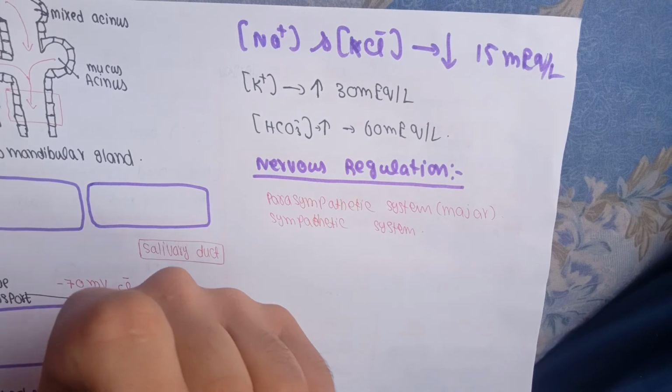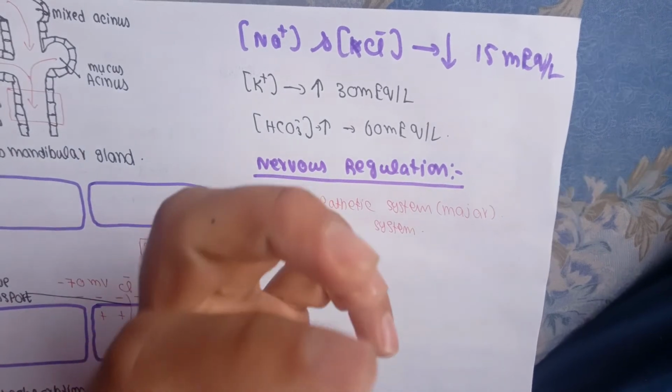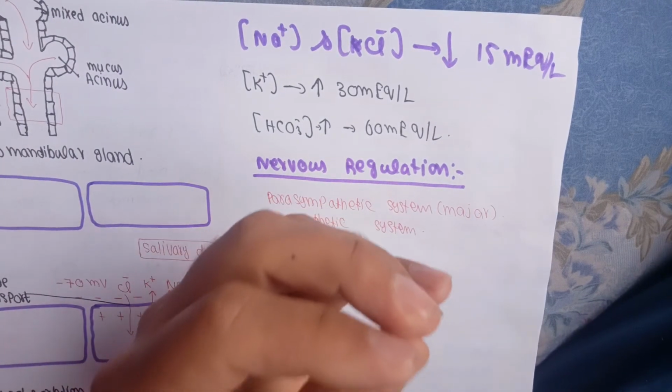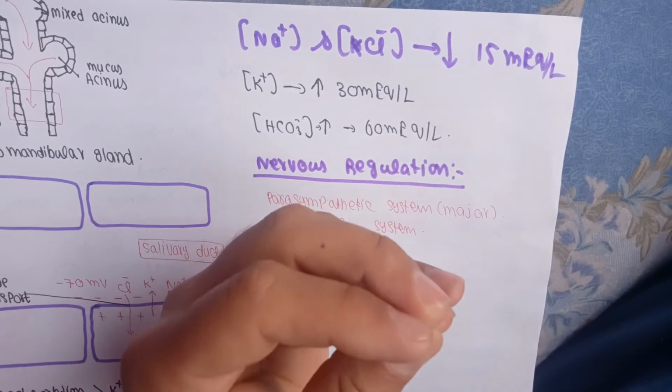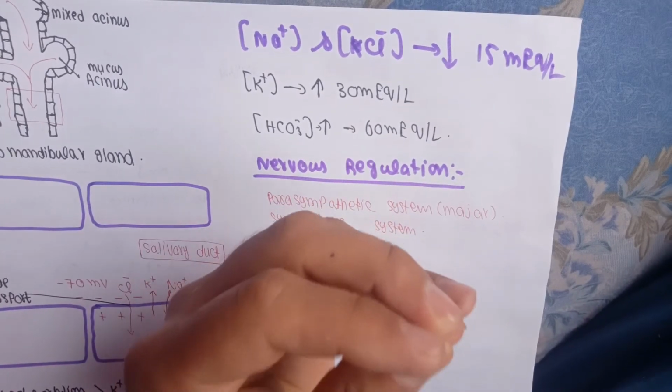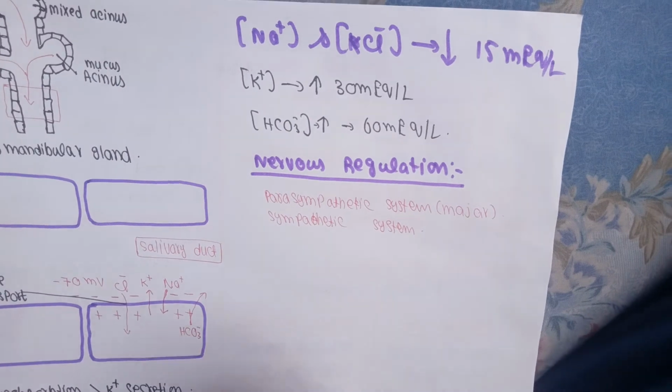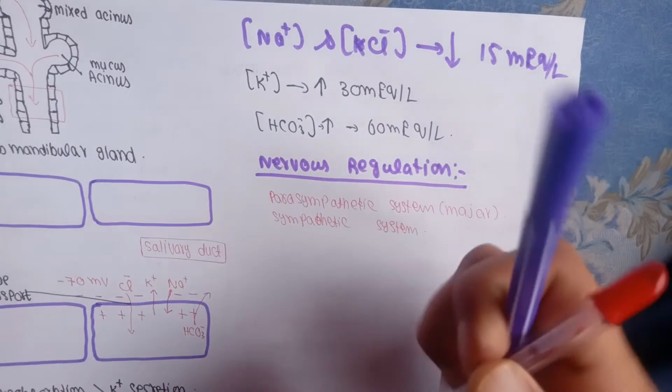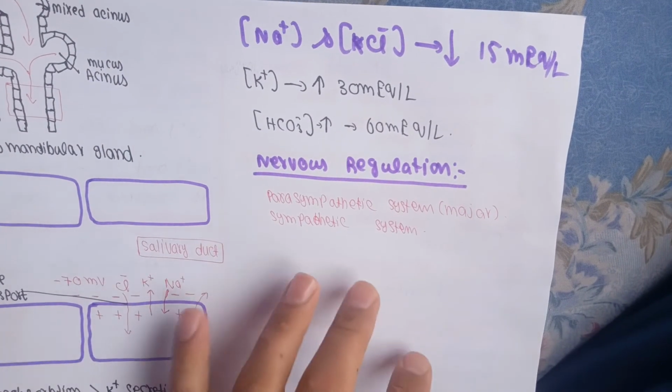It is important to note that sour taste increases salivary secretion very highly, normally about 8 to 20 times the normal rate. A sour stimulus increases the salivary secretion very much.